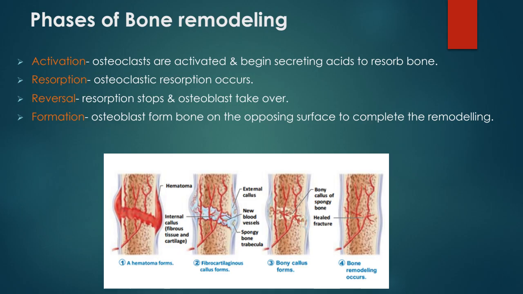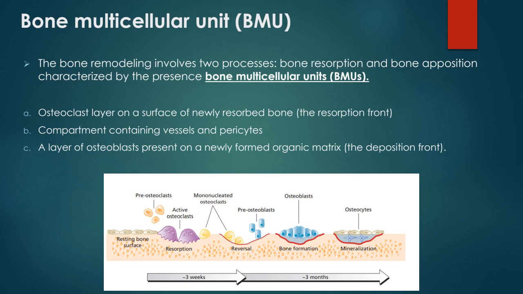Okay, so what is a bone multicellular unit? A bone multicellular unit is basically a description of what occurs during the process of bone remodeling. You have two processes in this unit. You have resorption and bone apposition.